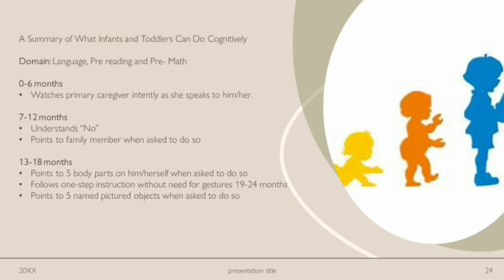Our domain is language, pre-reading, and pre-math. 0 to 6 months: watches the primary caregiver intently as she speaks to him or her. 7 to 12 months: understands "no" and points to family members when asked to do so.